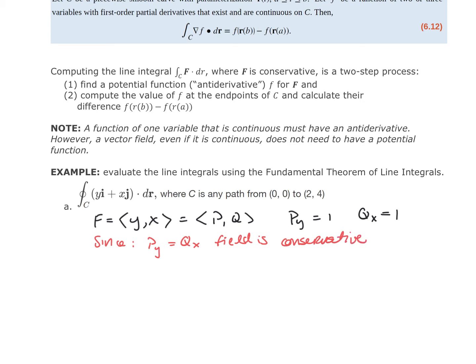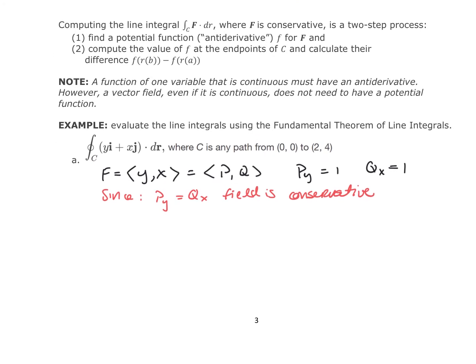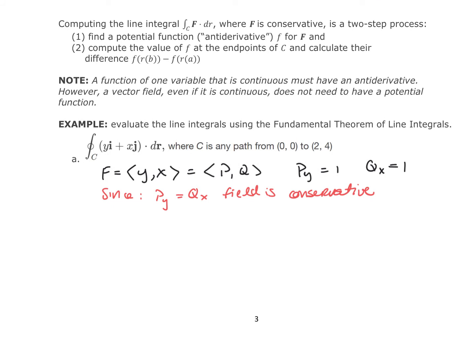So now we want to get the potential function. What we know has to hold true for conservative fields is that f of xy has to be the integration of p with respect to x plus some function of y.